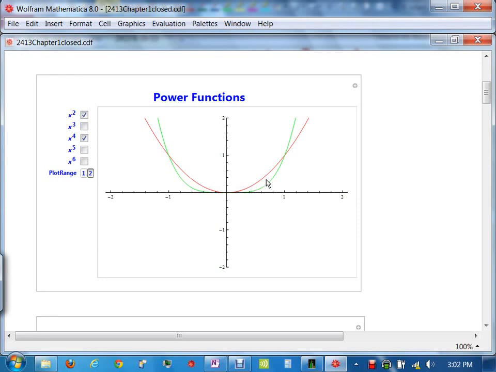Also notice this, the parabola is above x to the fourth between 0 and 1. How about x to the sixth? Even steeper than x to the fourth. And then there's x to the fifth and x cubed. Let me take the even ones out, just look at the odd ones. So those are just your basic power functions.